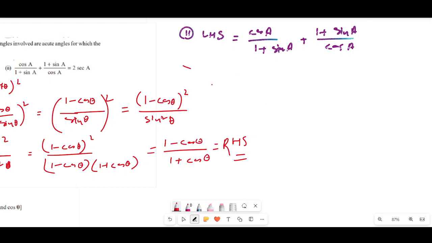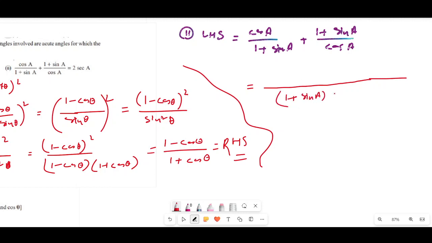If we take multiplication, that means LCM, then we can write these things. We can write 1 plus sin a into cos a. Now cos square a and (1 plus sin a) whole square, 1 plus sin a square.